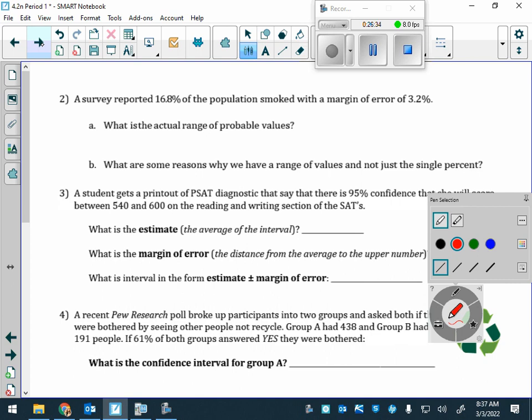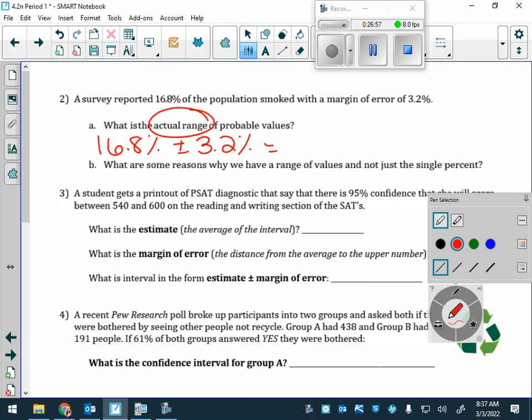13.6 to what? To 20. Remember, actual range is 16.8% plus or minus the margin of error. So, the margin of error is always plus or minus, even though you don't see it. It's always plus or minus.